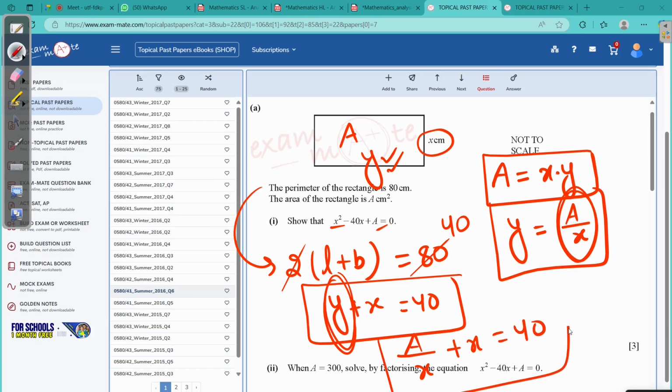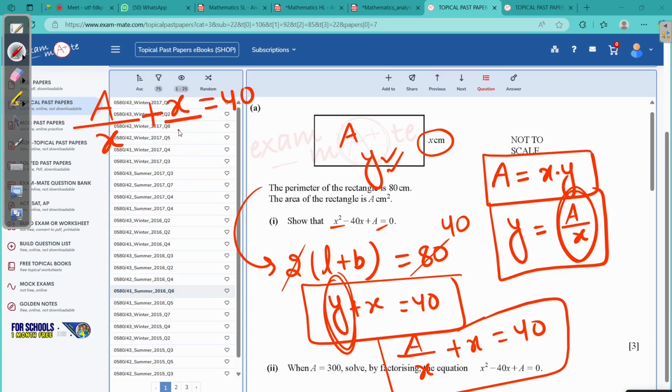Now please simplify this and write it in proper quadratic form. Are you getting what you have to do? Can you do this, or do I have to solve? Okay, see. A over x plus x equals 40, right?